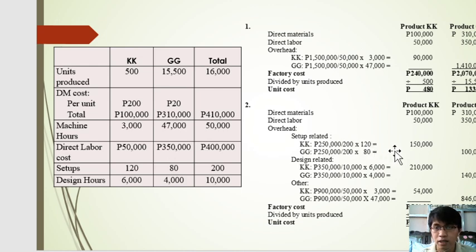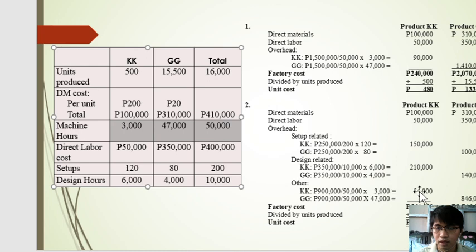That's also possible. It is easier for me to do 250 times 120 over 200. 150, okay. Design related, 350,000 times 6 over 10. Correct. For others, the overhead is 900,000 times 3 over 50.